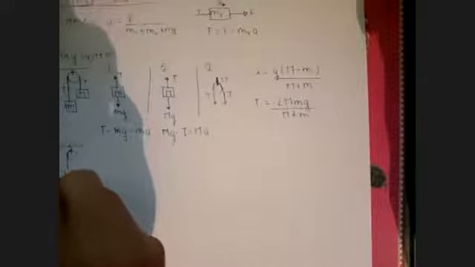Suppose we take an example: here's a pulley, here it is a mass of 2 kg, and here's a mass of 3 kg, tension T, tension T.